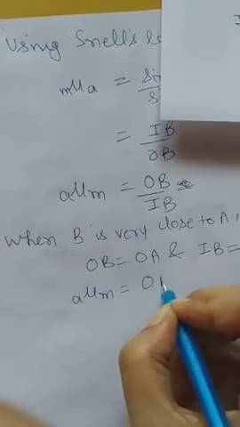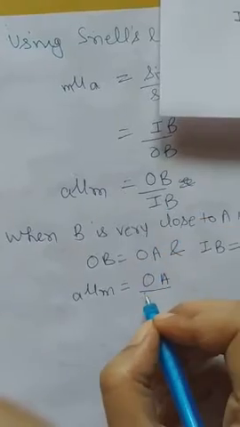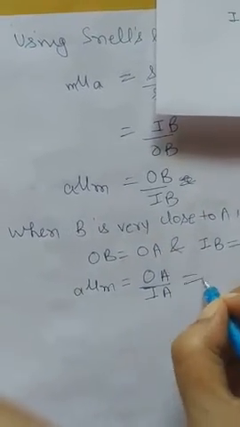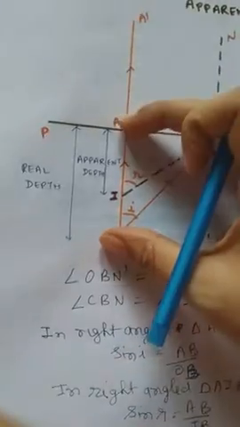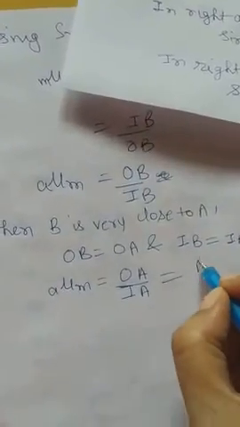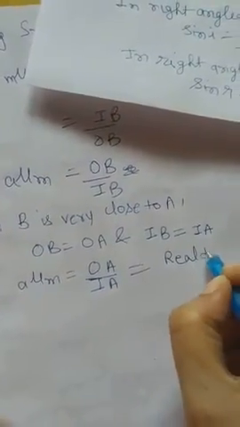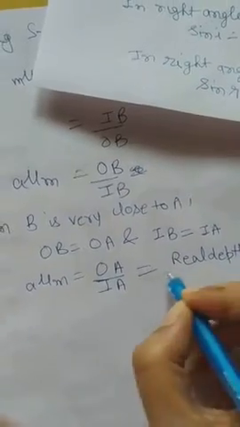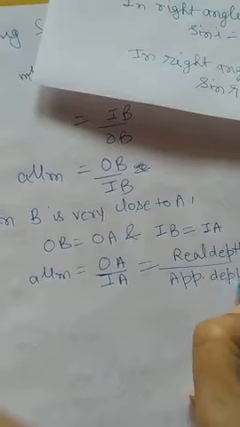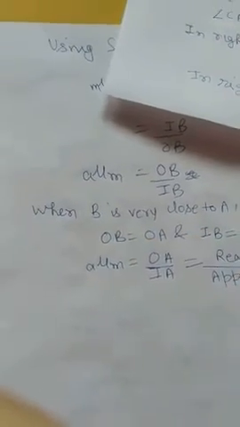In place of OB we write OA, and in place of IB we write IA. Clear? Now what is OA? OA is the real depth and IA is the apparent depth. So this will be equal to real depth upon apparent depth. Clear? So this is the relation.